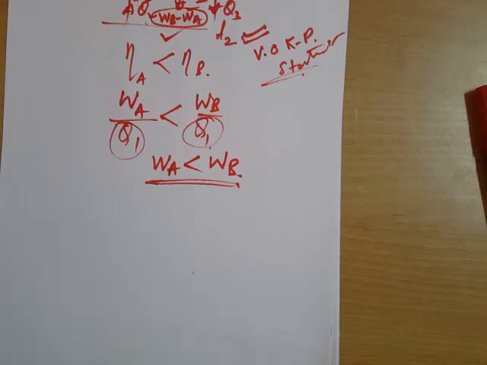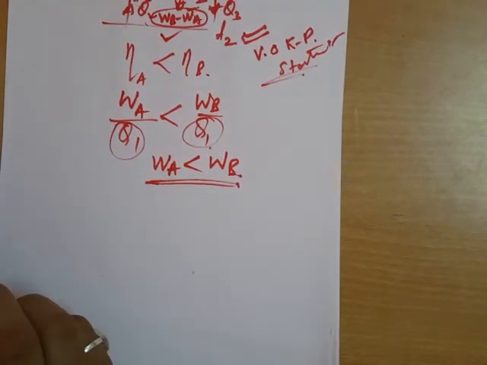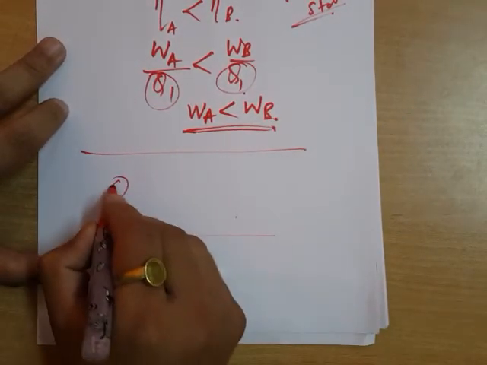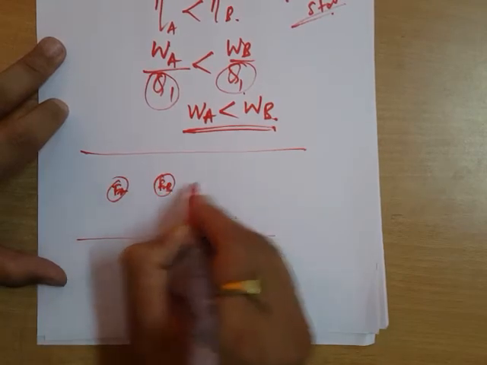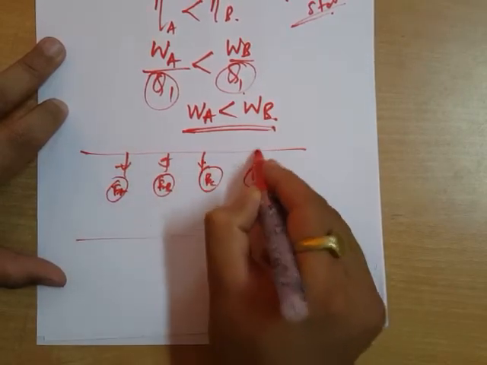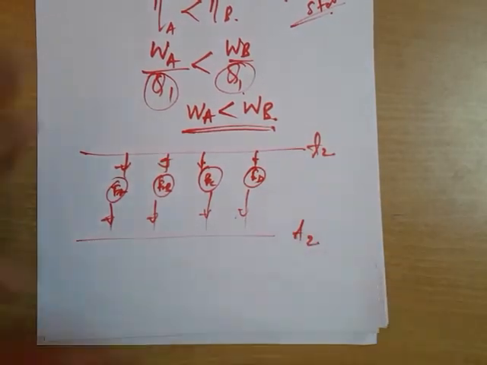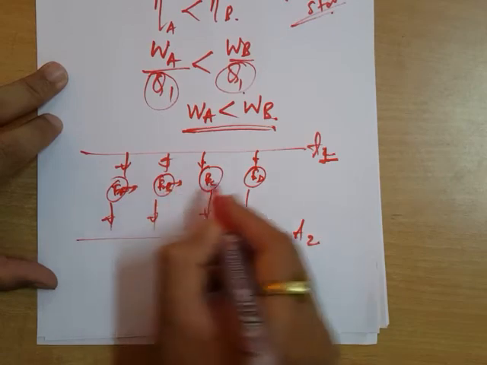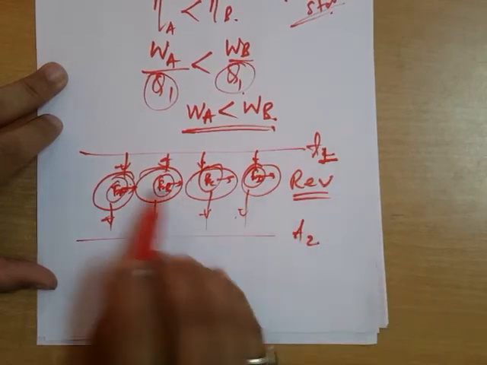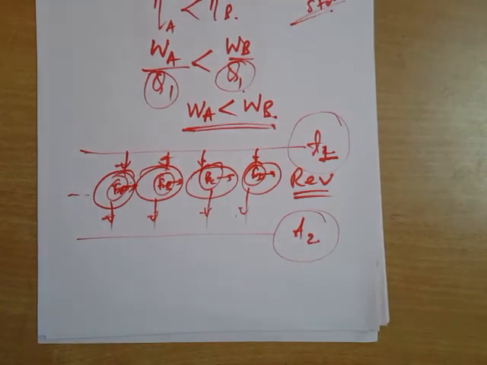And its corollary says that the efficiency of all reversible heat engines operating between the same temperature levels is the same. For example, if we have A, B, C, D, interacting with two thermal energy reservoirs T1 and T2, developing some work, then if they all are reversible engines, they all will have the same efficiencies as they are working under the same temperature limits.